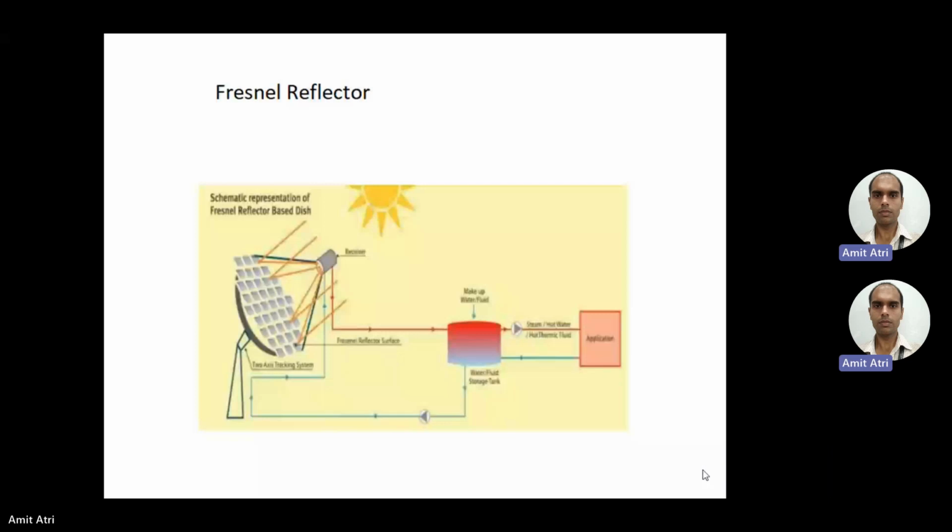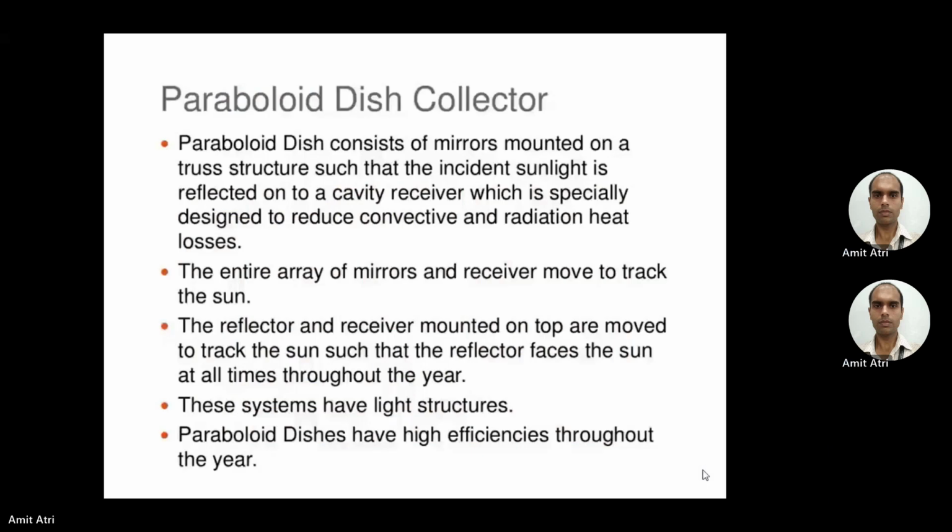Now coming to the next part, that is the paraboloid dish collector. So the paraboloid dish consists of mirrors mounted on a truss structure such that the incident light is reflected to a cavity receiver, which is specially designed to reduce convective and radiation heat loss. Okay. Here, what is the main difference? The paraboloid dish is there.